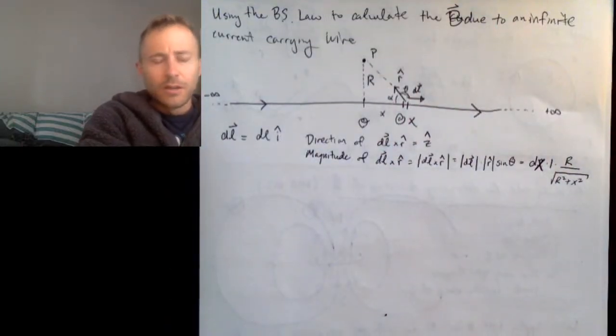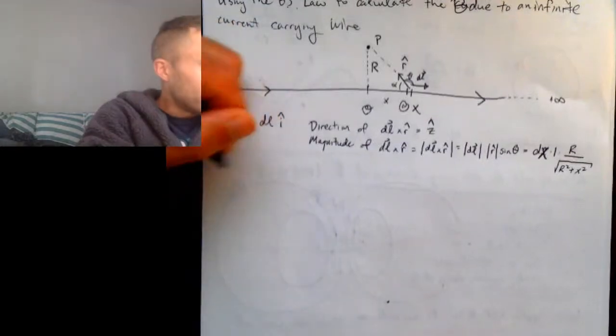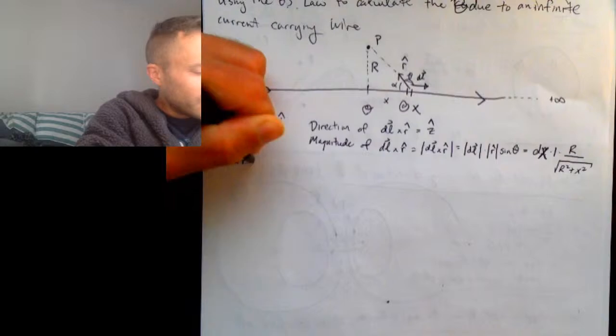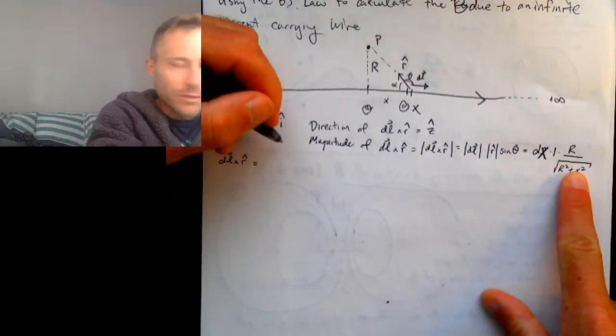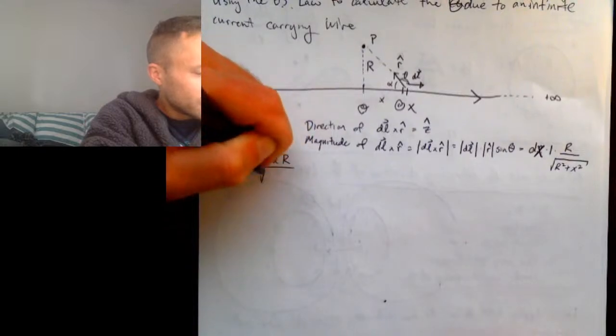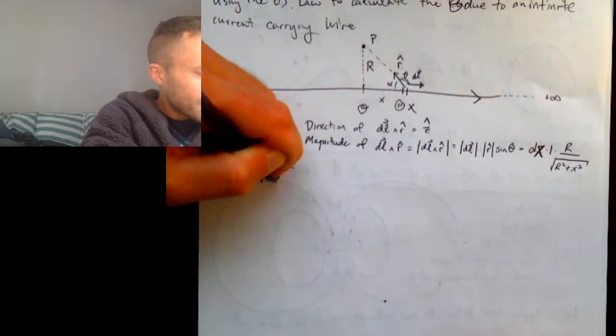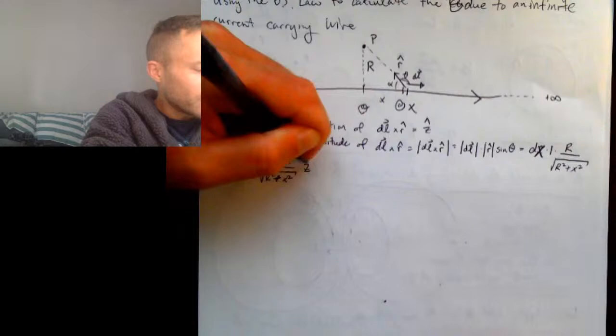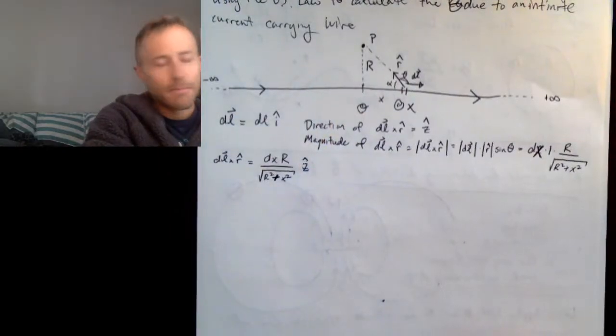Okay? So what that means is that dl cross r hat is equal to its magnitude, which is this, times its direction, which is the z hat direction. All right?